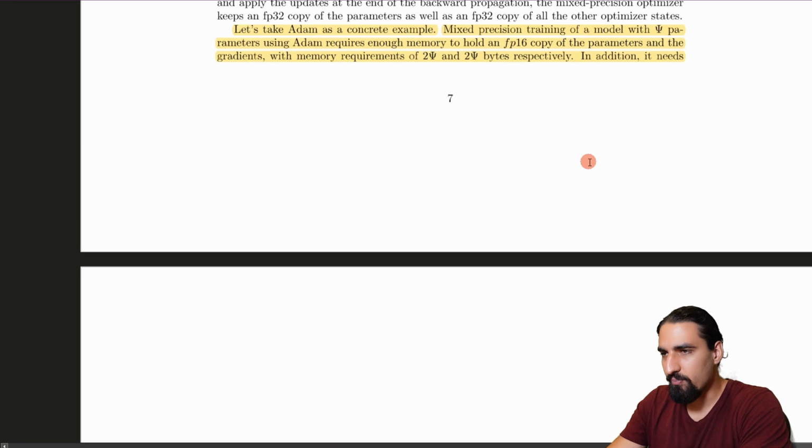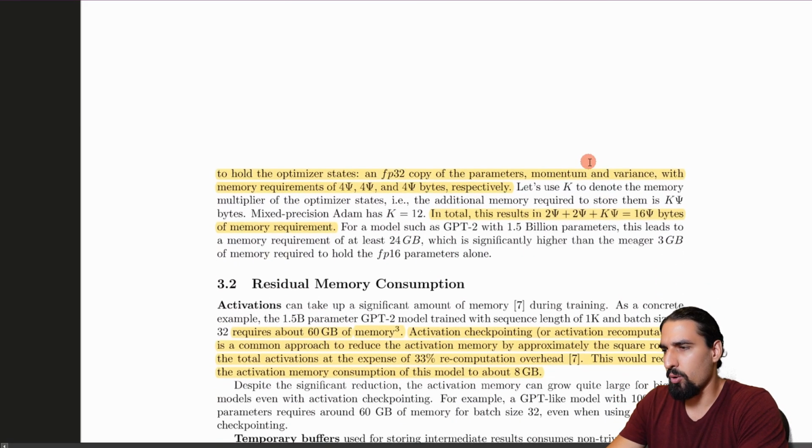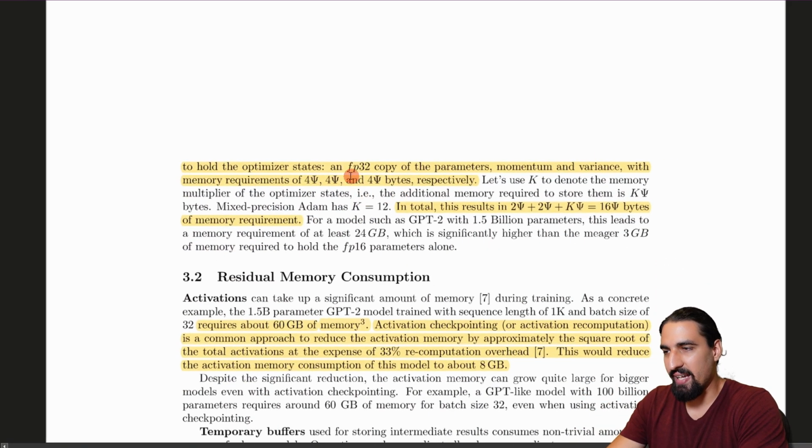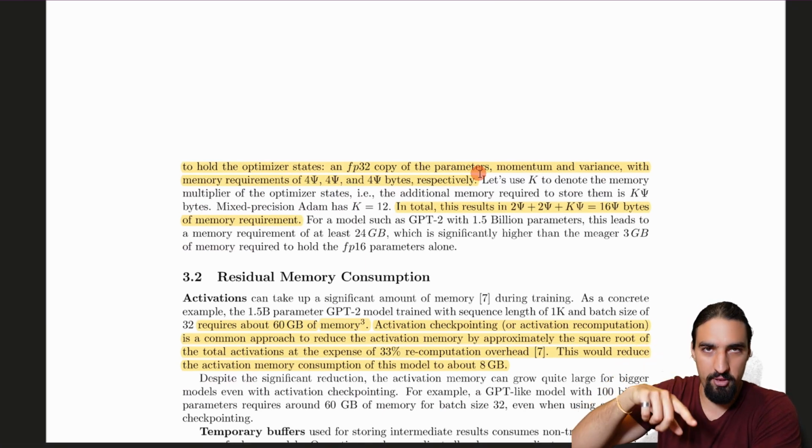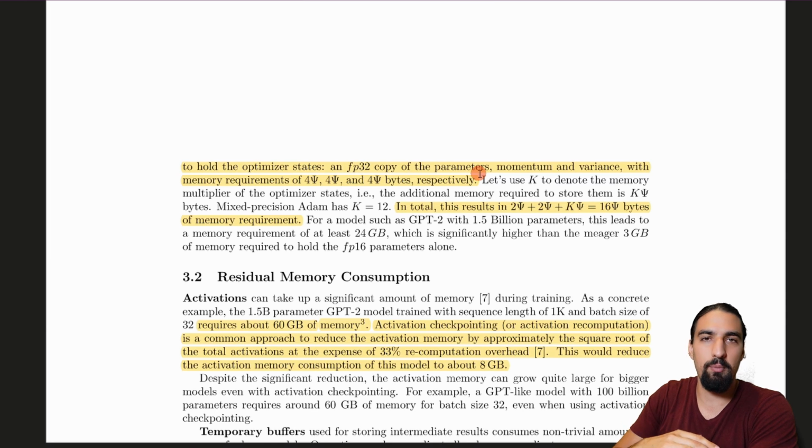In addition, it needs to hold the optimizer states, an FP32 copy of the parameters. We know why this is the case because of mixed precision training. We always need to store the master copy in FP32, okay? And that's going to bloat up the memory, but it's necessary.